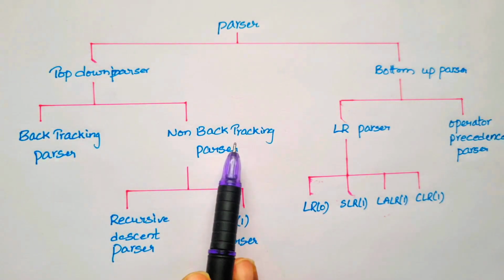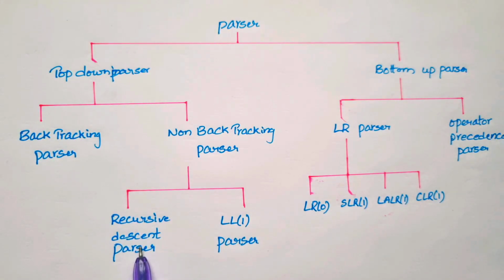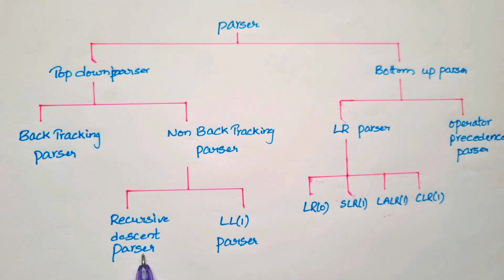Coming to non-backtracking parsers, they avoid unnecessary retries and are therefore faster and more efficient. Here there are again two types. First one is recursive descent parser. It consists of a set of recursive procedures. Each non-terminal symbol has a corresponding procedure and it is easy to implement for simple grammars.